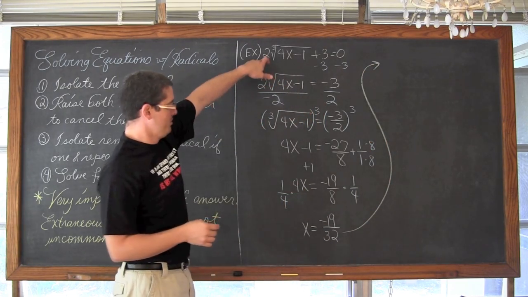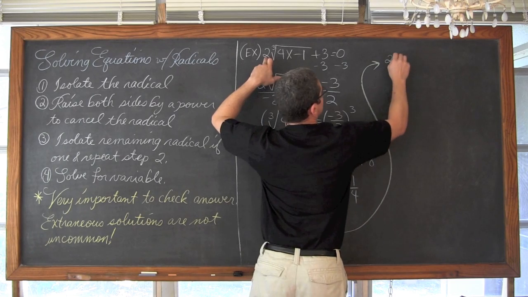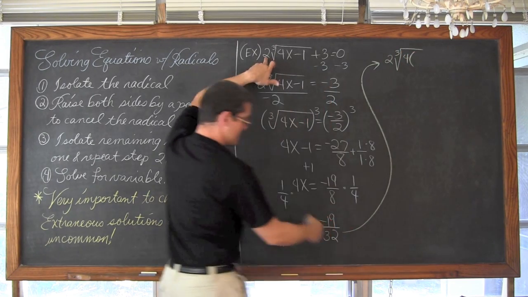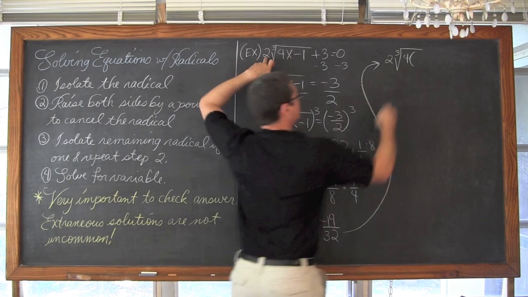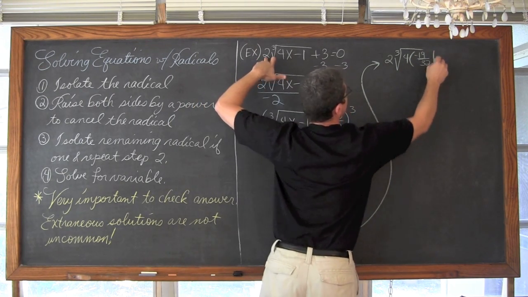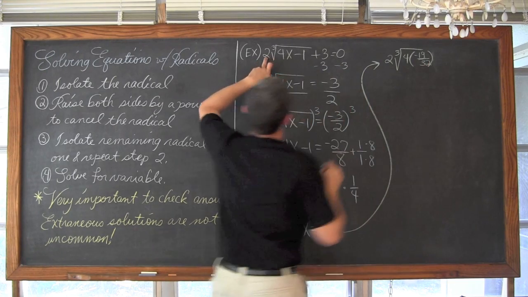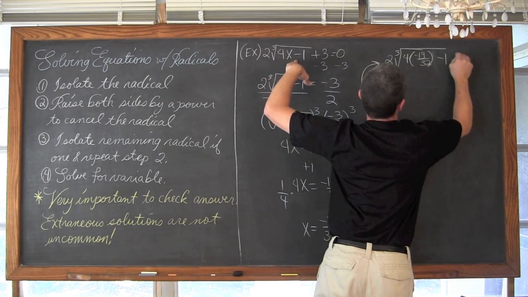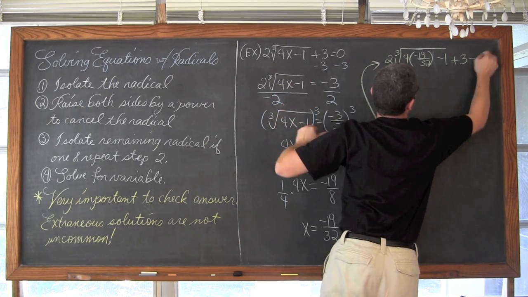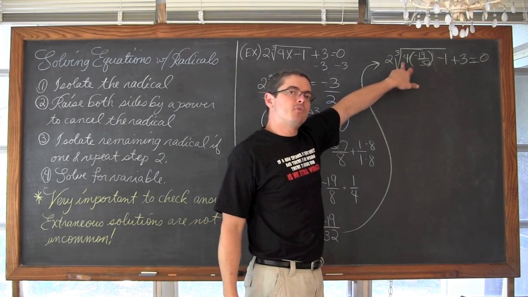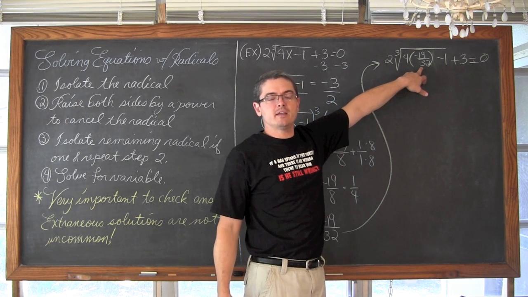We have 2 times the cube root of 4 times negative 19 over 32. Whoops, excuse me. Minus 1. Plus 3 equals 0. Well, we have the multiplication of 4, and down here we have a division of 32.